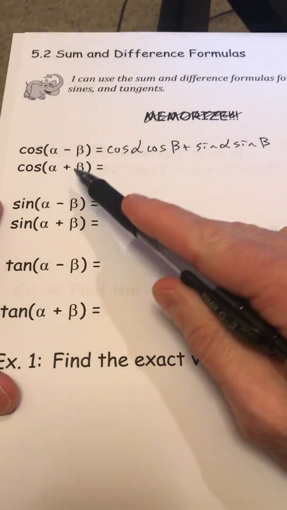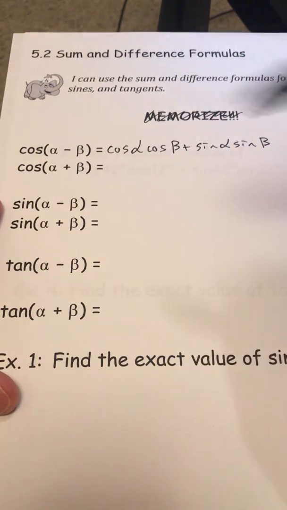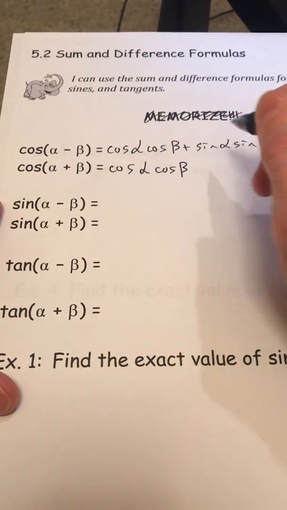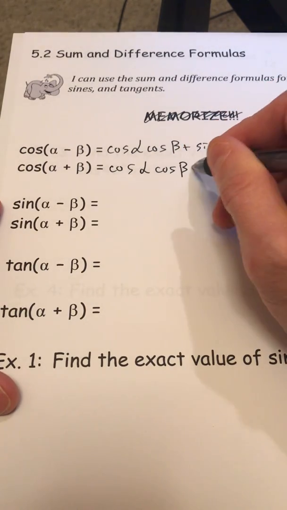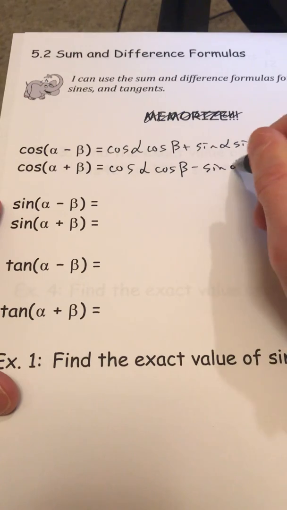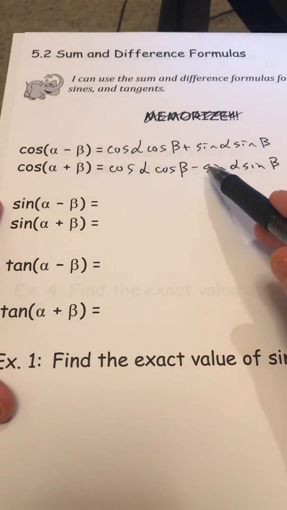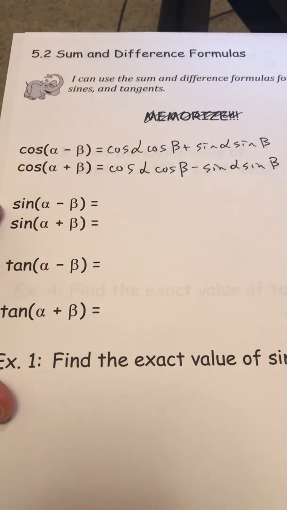When we do the sum formula, there's only one minor change: instead of adding, we subtract the two expressions, cosine alpha cosine beta minus sine alpha sine beta.